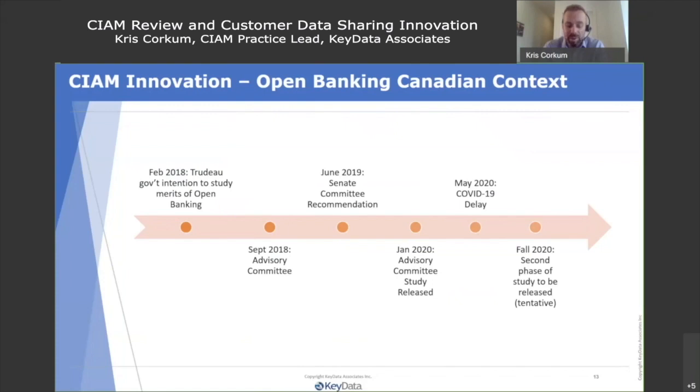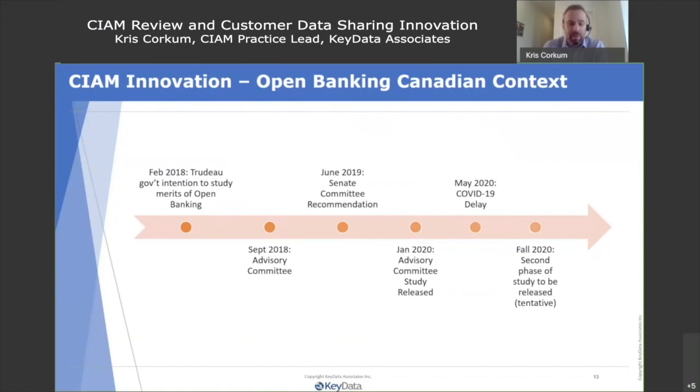In June 2019, the Senate committee recommended the Government of Canada move ahead with an open banking framework, and they noted that nearly 4 million Canadians were estimated to be using screen scraping applications. And just recently, in January 2020, the findings from the first phase of the 2018 study were released.